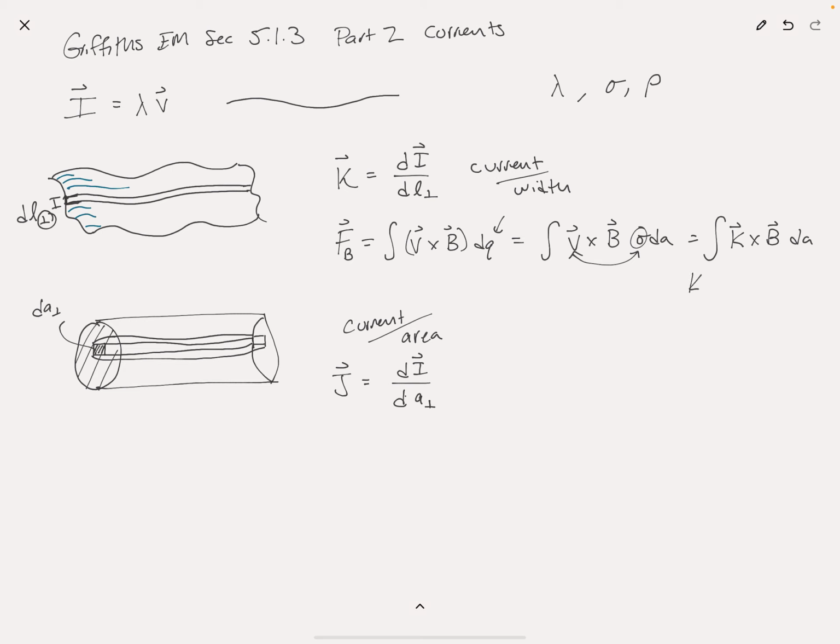And just like the surface current being defined as the surface charge density times a velocity, the volume current density is our volume charge density times a velocity.